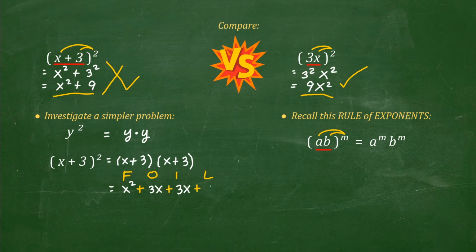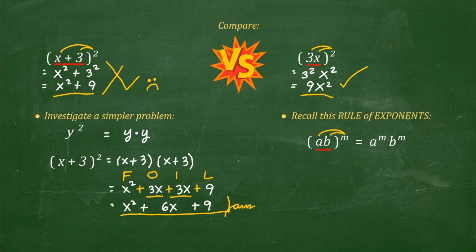Last terms, 3 times 3 is 9. Combining these like terms, we have x squared, 3x plus 3x is plus 6x, then plus 9, resulting to this correct answer. And it's a trinomial, not a binomial, like we carelessly answered earlier.